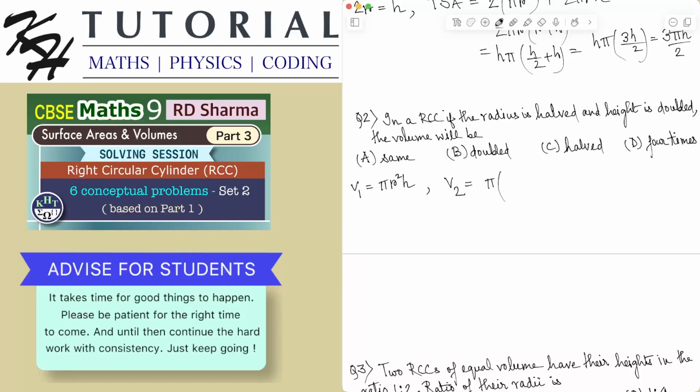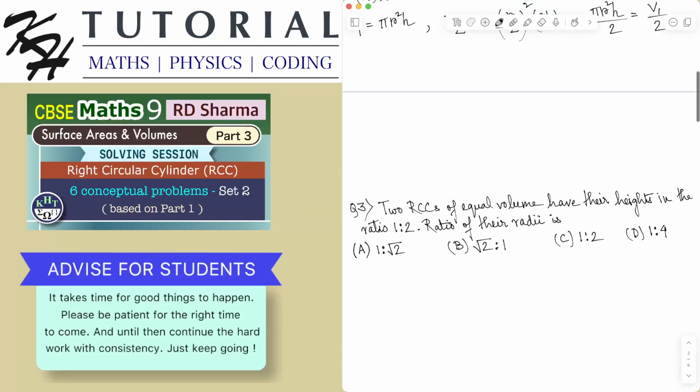Radius is halved means radius will become r by 2 square, and the height is doubled, which means it will be twice h. This is equal to, if you simplify this, it will be pi r square h by 2, which is of course equal to V1 by 2. So the volume will be halved. The correct choice is C.